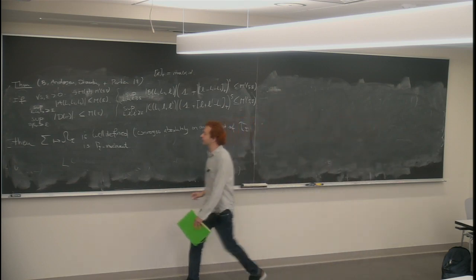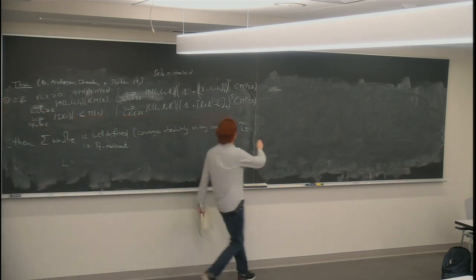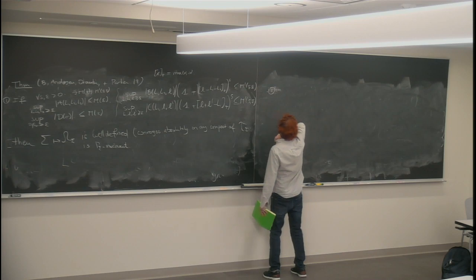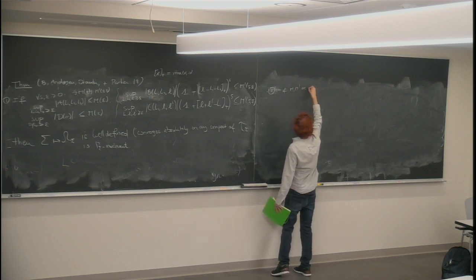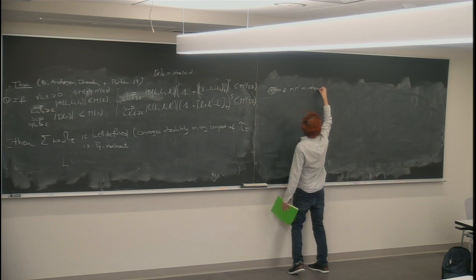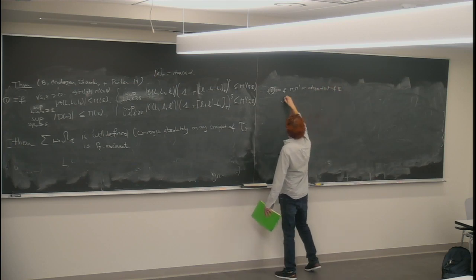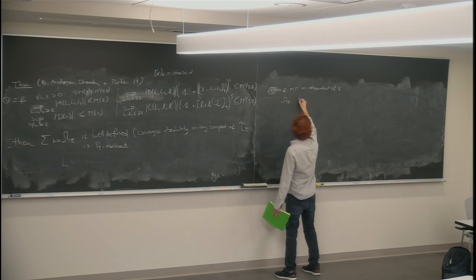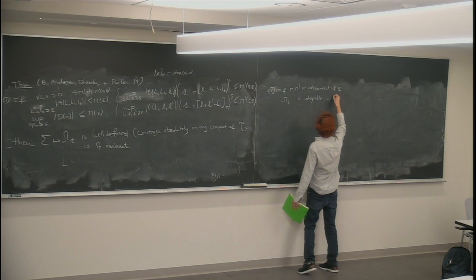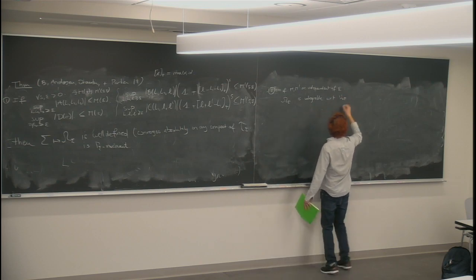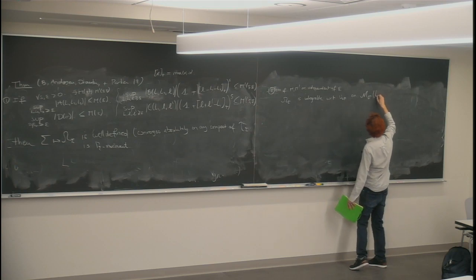So that's the first part of the theorem. And the second part is that if m and n prime are independent of epsilon, then this is integrable with respect to the Weil-Petersson volume form on the moduli space where you fix boundary lengths.